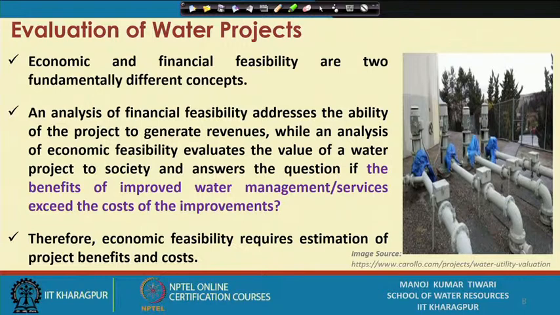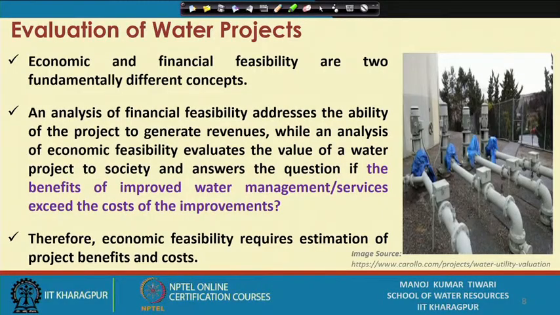But a financially feasible project may not necessarily be economically feasible, because when we talk about economic feasibility, we consider a much broader perspective, incorporating the overall value to society for that project and the overall cost to society, including the environment as well. So, externalities also come into play for economic feasibility analysis, while for financial feasibility they could be ignored.